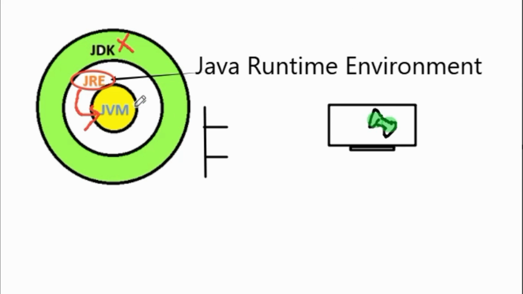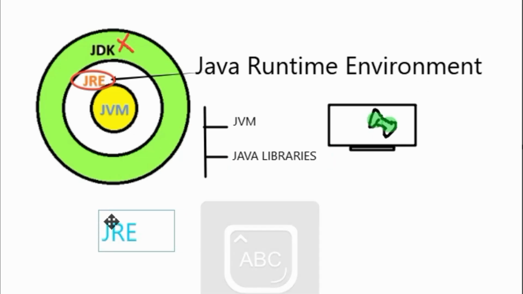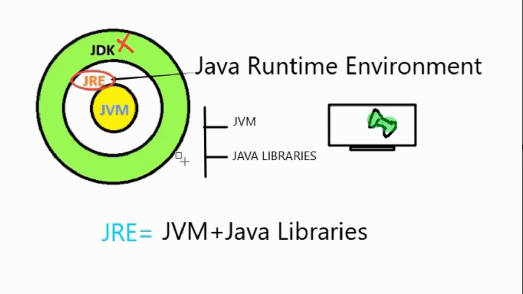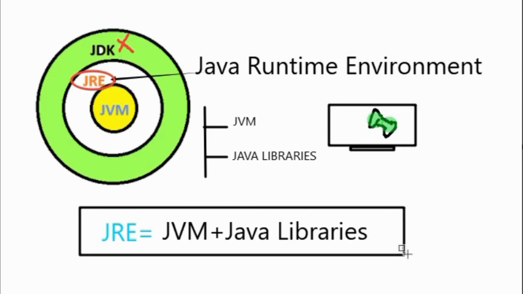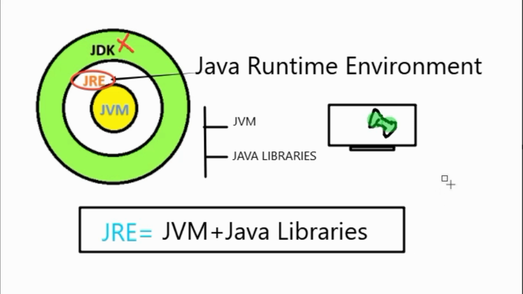The JVM, we'll get to that later. Second, Java libraries, which is pre-built code that Java gives you, like System.out.println. So JRE equals JVM plus libraries. Notice something, JRE lives inside JDK because developers need to run their code too.